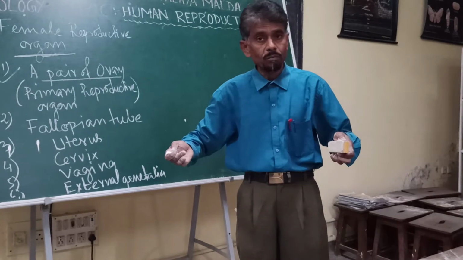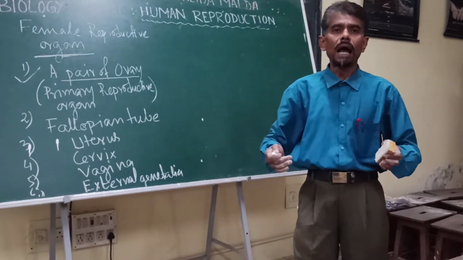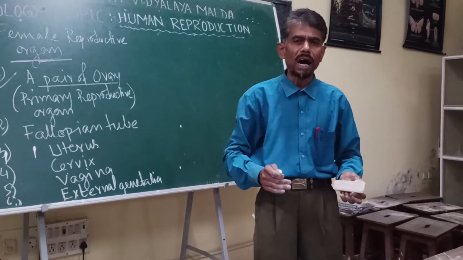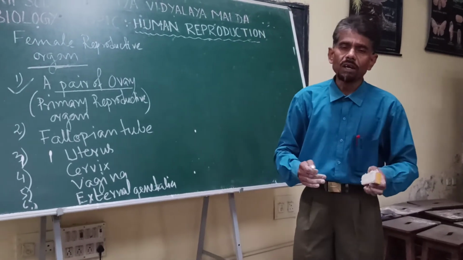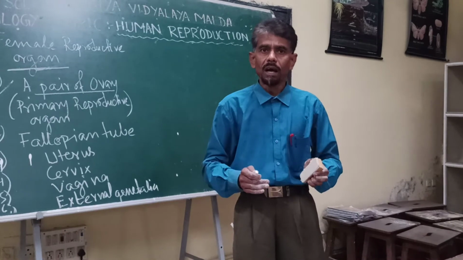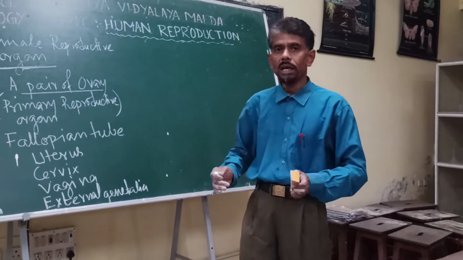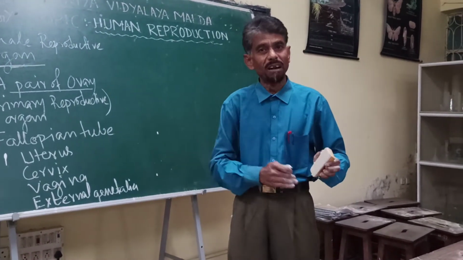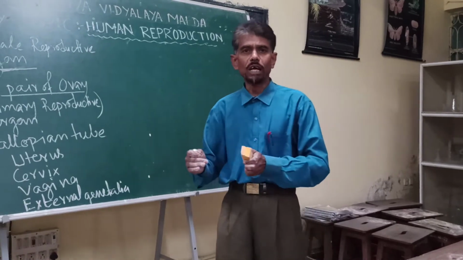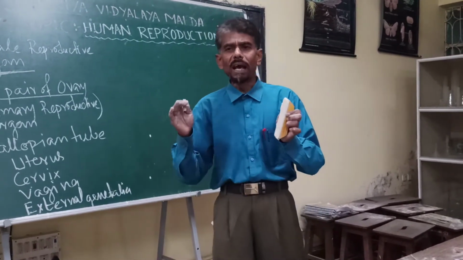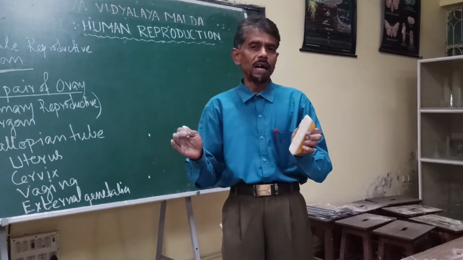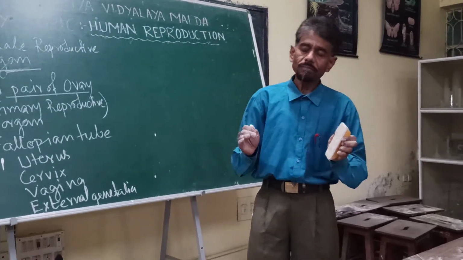Where does it reside? It resides in the abdominal cavity, one in each side, connected with a ligament to the uterine wall and the pelvis. In one side with the uterine wall, another side with the pelvis. So a pair of ovaries reside within the abdominal cavity.